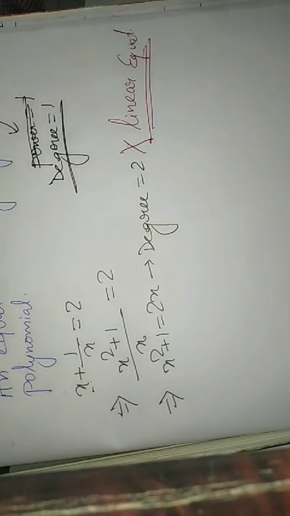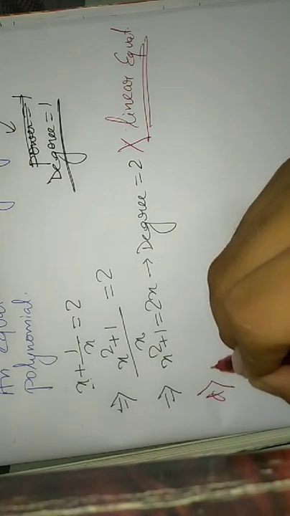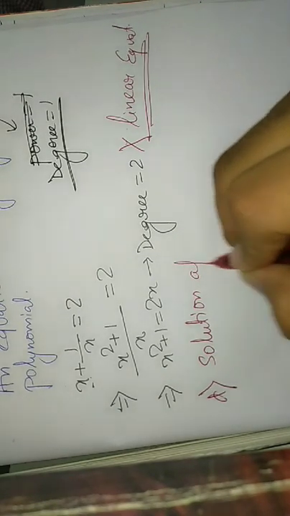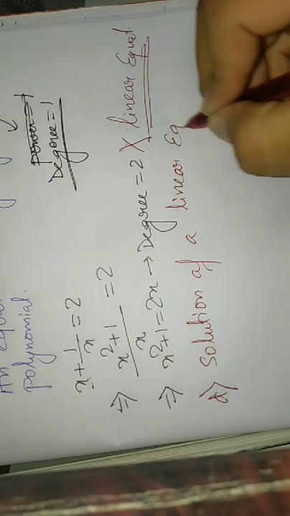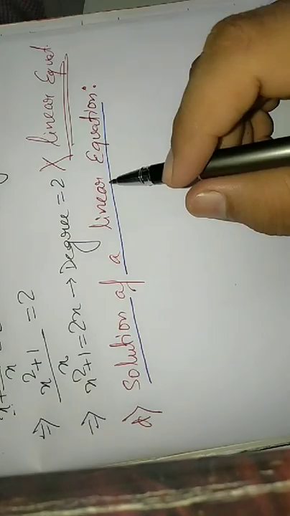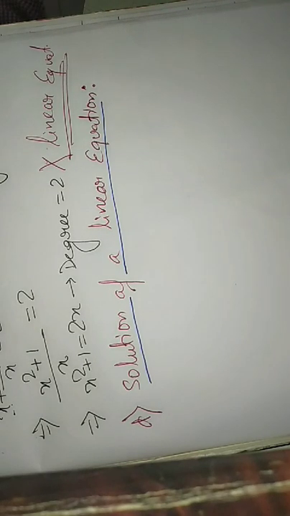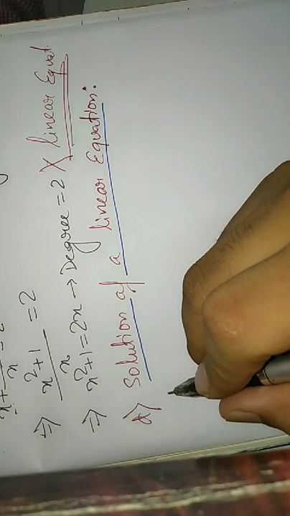The very next part is number D, which we call the solution of a linear equation. I am writing it out for you because this is a major concept. What is the solution of a linear equation?